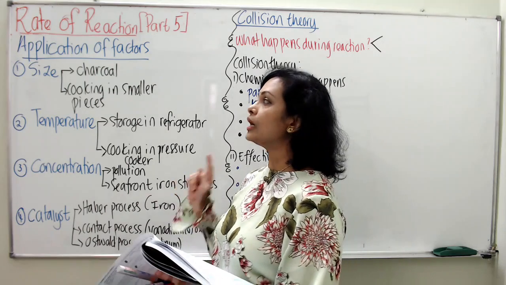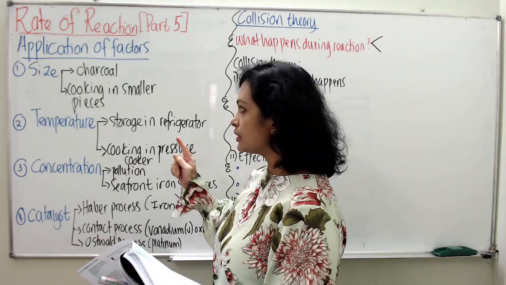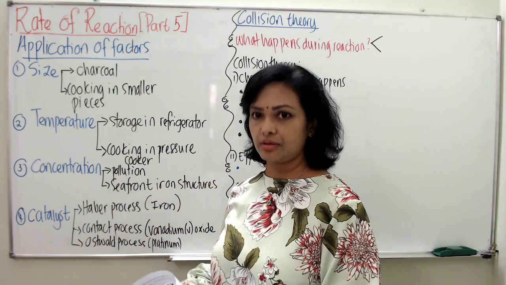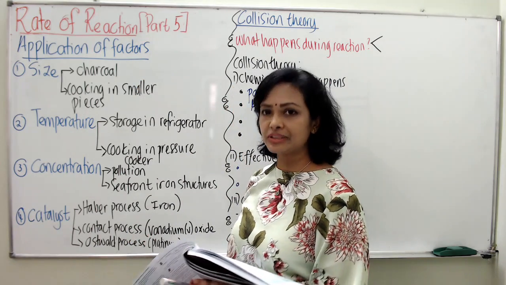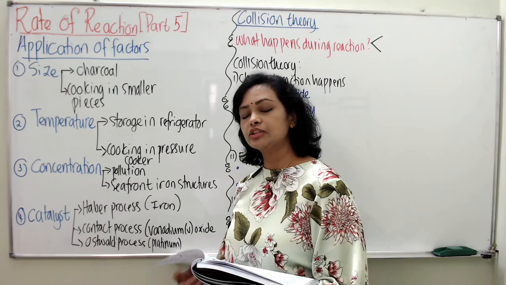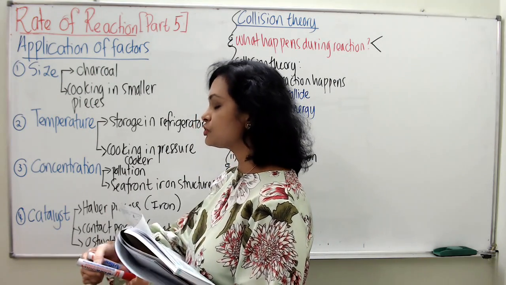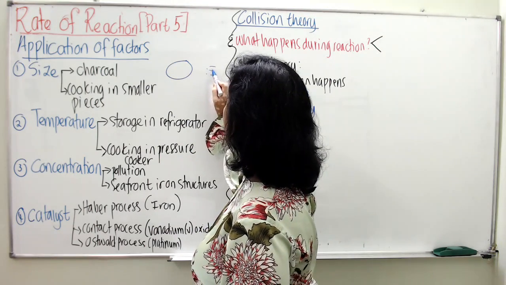Now, how do you apply size in your everyday life? Okay, so charcoal is cut into smaller pieces. Just imagine if charcoal is cut into bigger size versus smaller size.